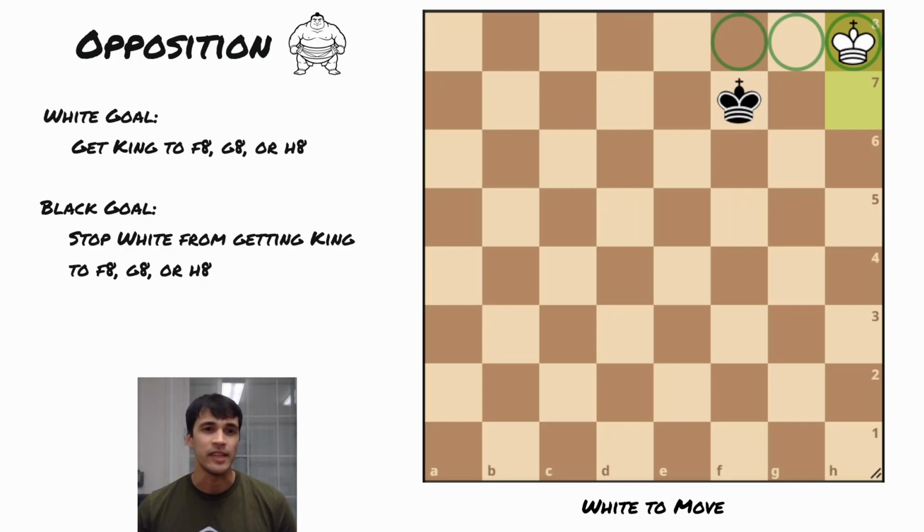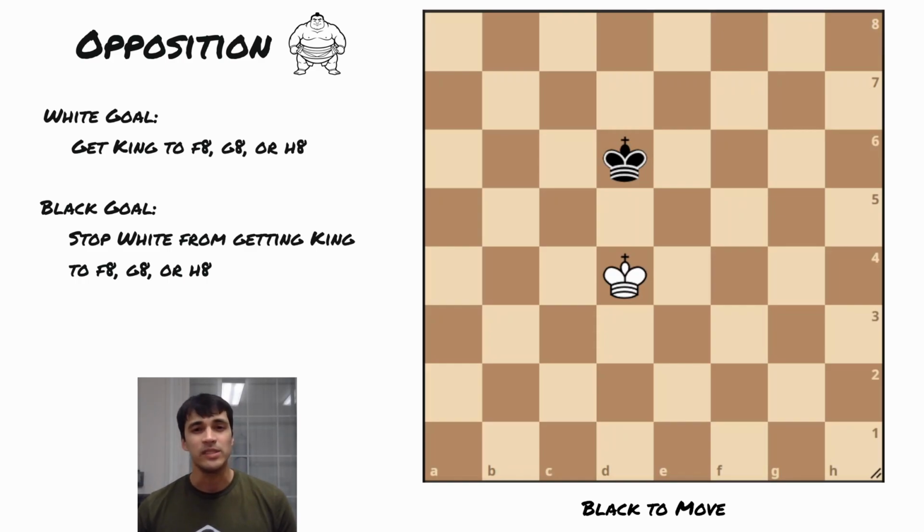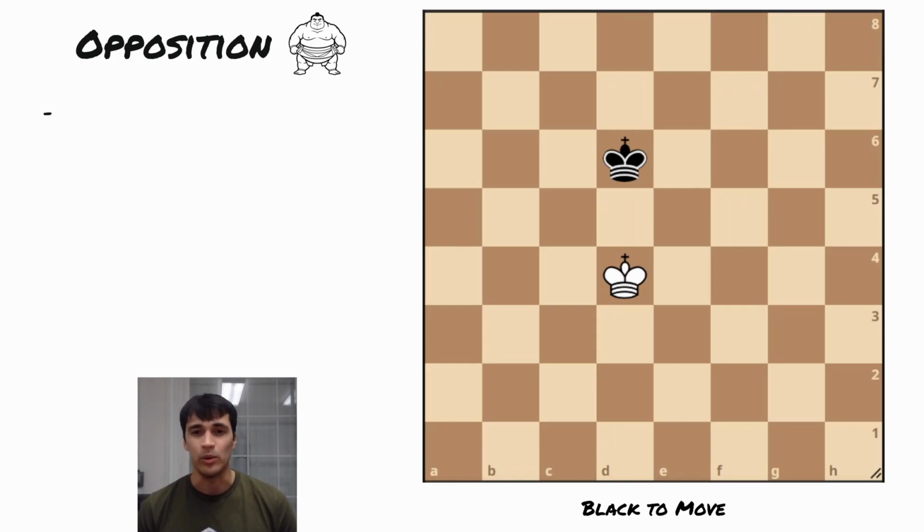Let's take a look at this position here. Opposition is a situation where there are only king moves left on the board. Maybe there are some frozen pawns on the board and only king moves are left. And here this is basic opposition, where the kings are on the same file or on the same rank, and there is an odd number of squares in between the two kings.